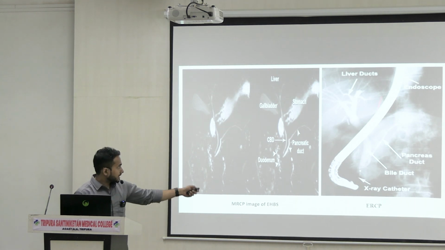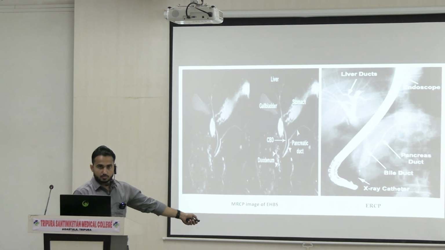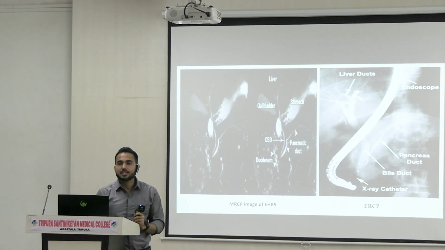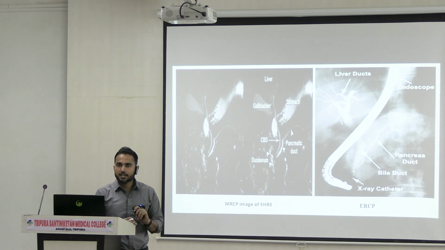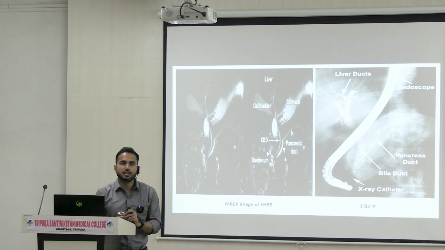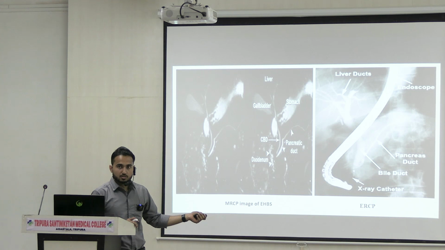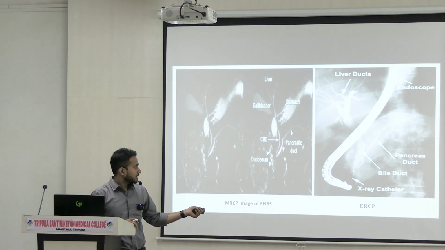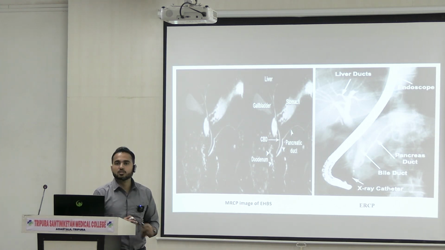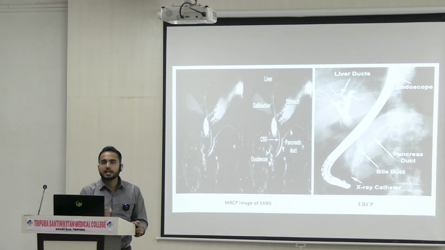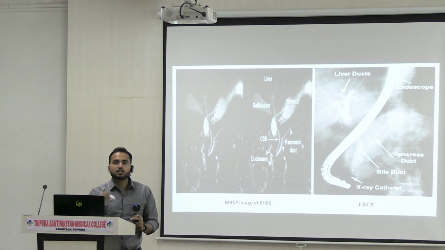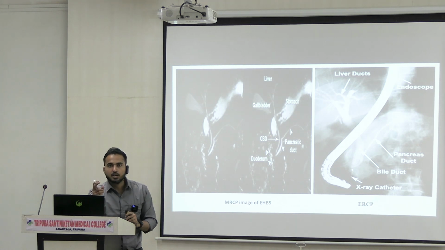Next to that, you can see another image, and that is called ERCP. So what is this ERCP? Here we don't use MRI, we are using X-ray only, but the way of giving contrast is a bit different. That's why it is called ERCP, endoscopic retrograde cholangiopancreatography. Endoscopic means the endoscope is inserted, and through that endoscope the catheter will be inserted.